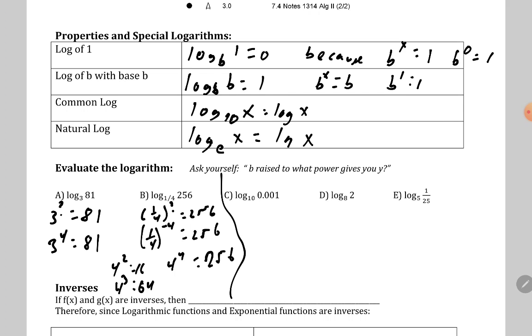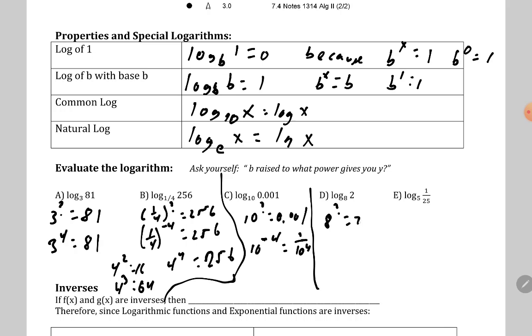Alright, let's see. Log base 10 of 0.001. Okay, so 10 to what power is 0.001? We should know this as 10 to the -4. Because remember, this is 1/10 to the 4th power, and that's just dividing by 10, divided by 10, divided by 10, divided by 10. 8 to what power is 2?